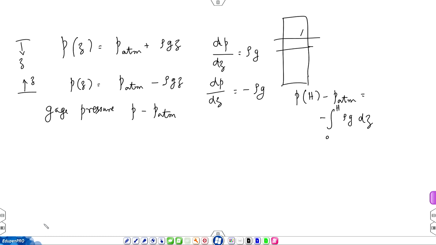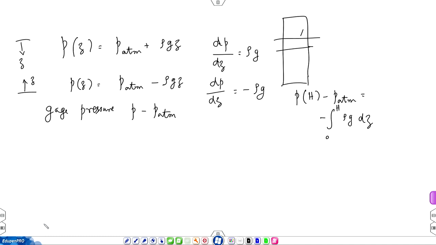The vertical coordinate is aligned with the gravity field. Pressure does not vary across. Another way of saying the same thing is, you might have heard liquids find their own level. Why? Because atmospheric pressure is constant. So, that level also has to be a constant.